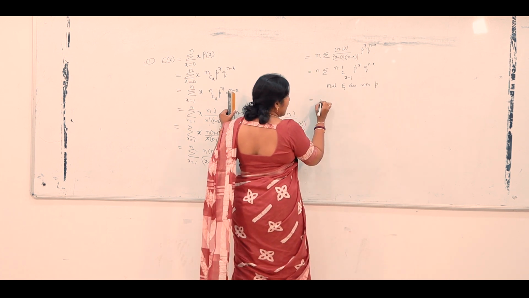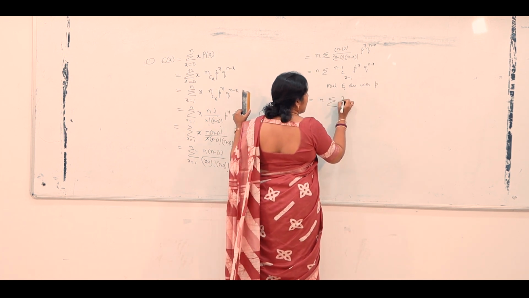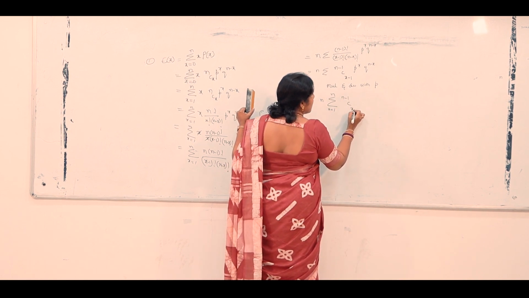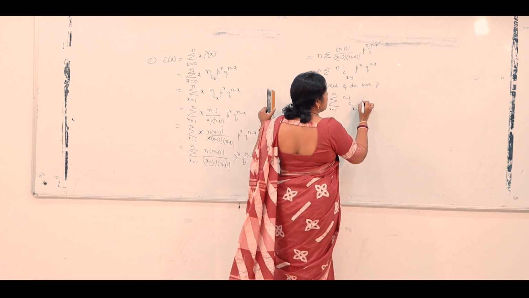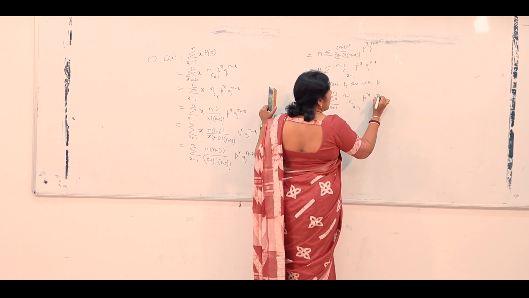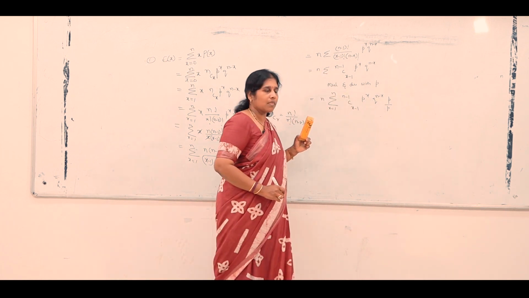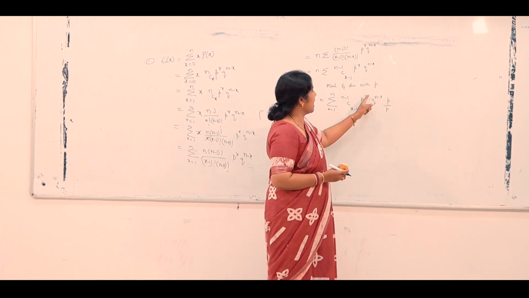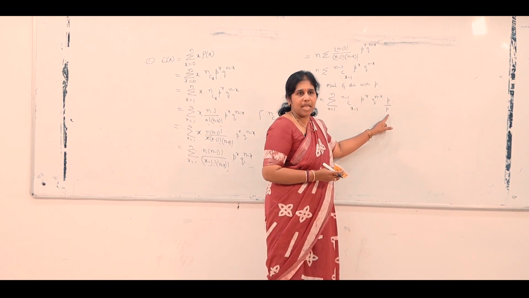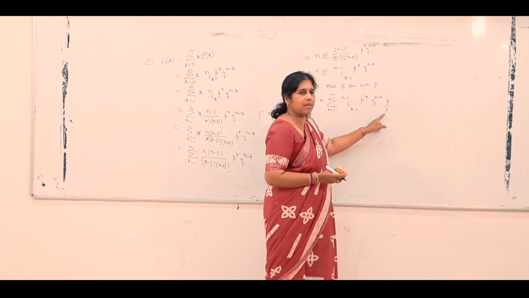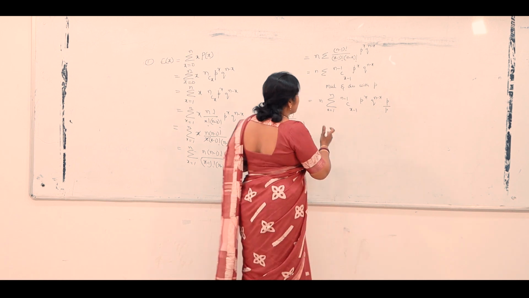So, what will happen? N into summation X equal to 1 to N, N minus 1 C X minus 1, P power X Q power N minus X. So, multiply and divide with P. A power M by A power N is A power M minus N. So, P power X by P will be P power X minus 1.